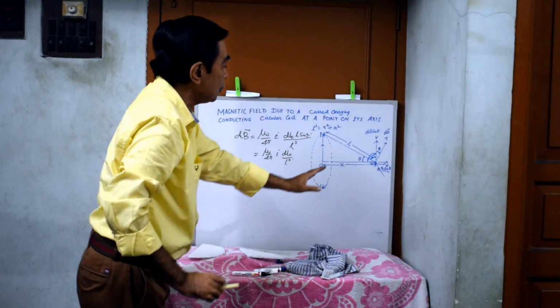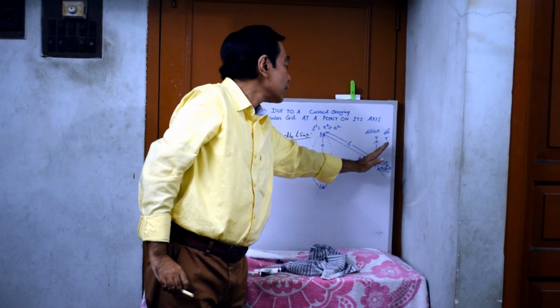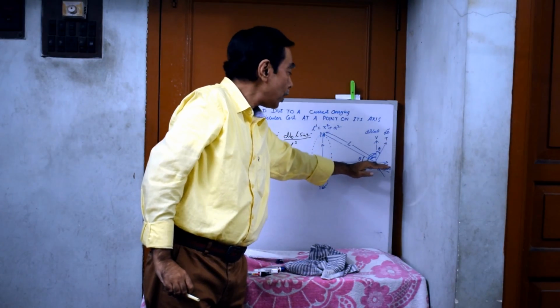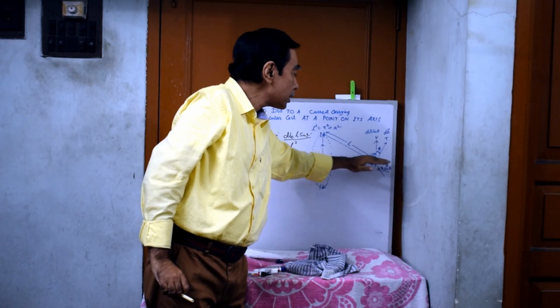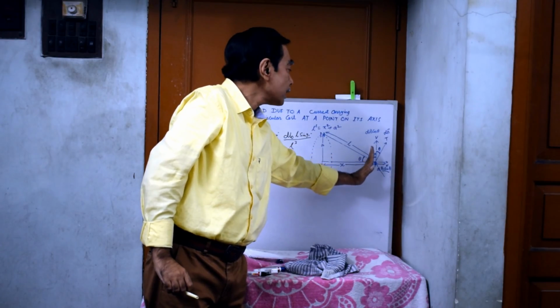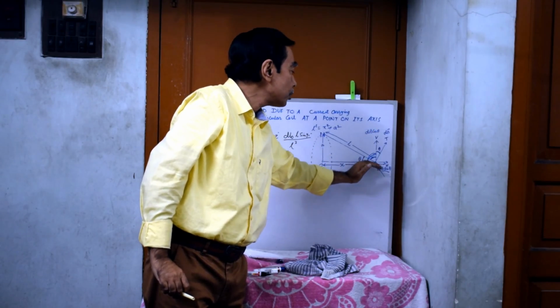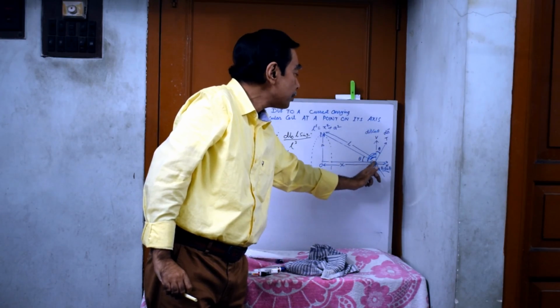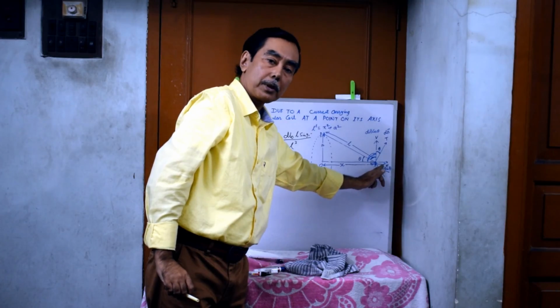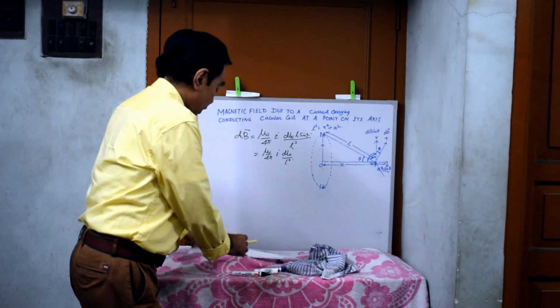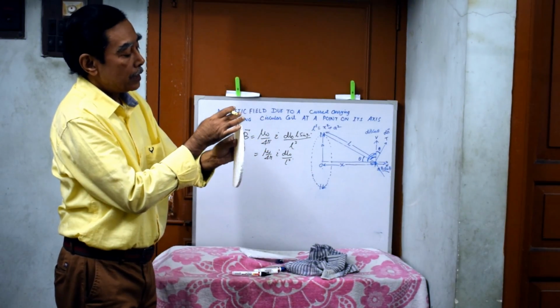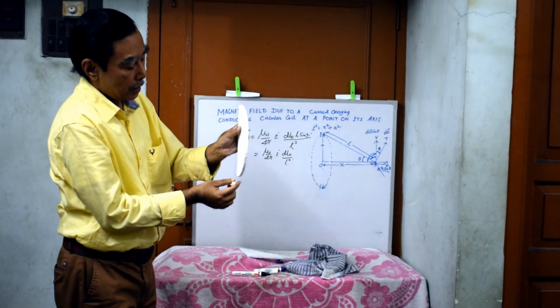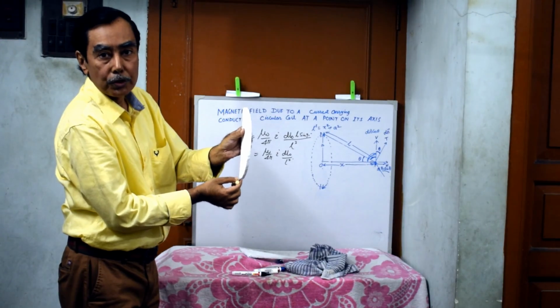Now if we resolve this vector dB in two directions, one along the horizontal direction, that is along the x-axis, and another perpendicular to the x-axis, then the perpendicular component is dB cos theta and the horizontal one is dB sin theta. Now look, the current at this point is in this direction and current at this point is in the opposite direction.